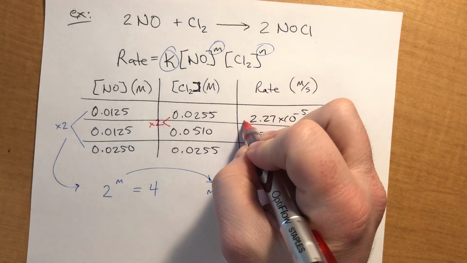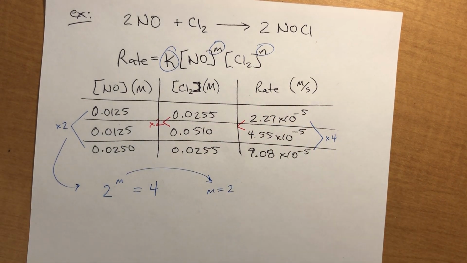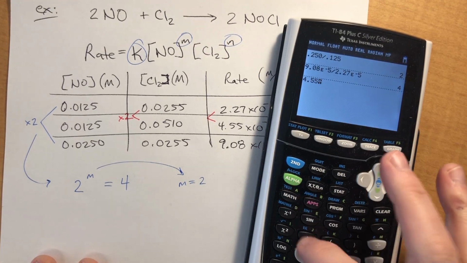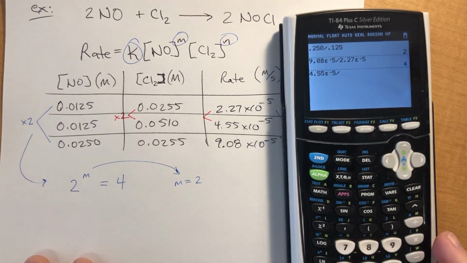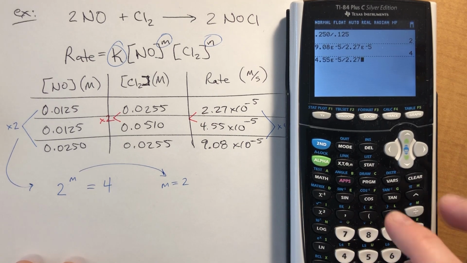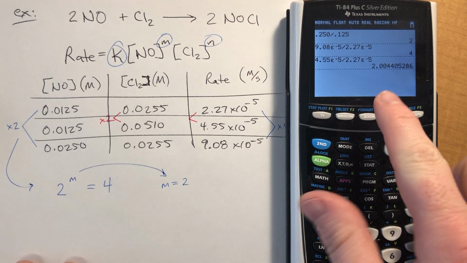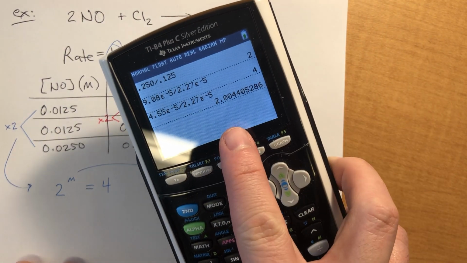And now we're going to look over here to see how the rate changes. So we're going to take 4.55 e to the negative fifth divided by 2.27 e to the negative fifth. And it's got a few little decimals, but it's basically 2.